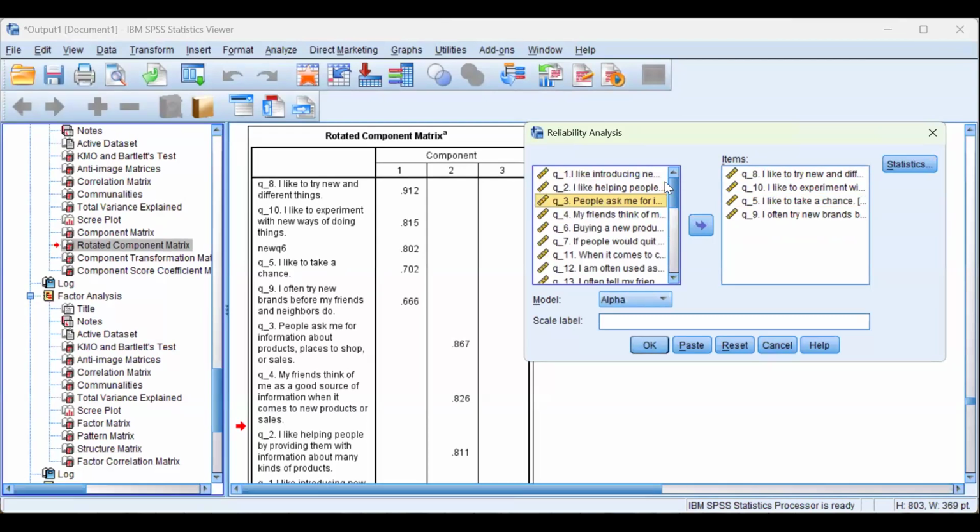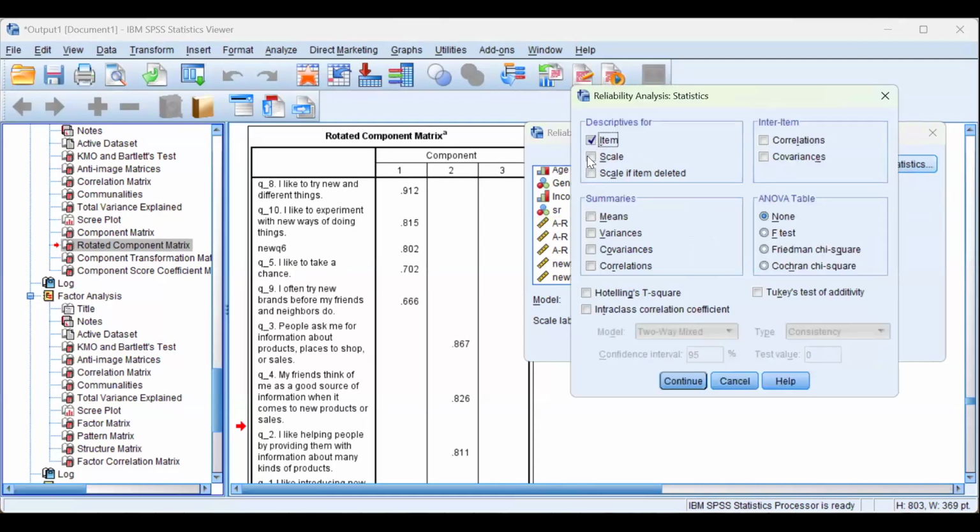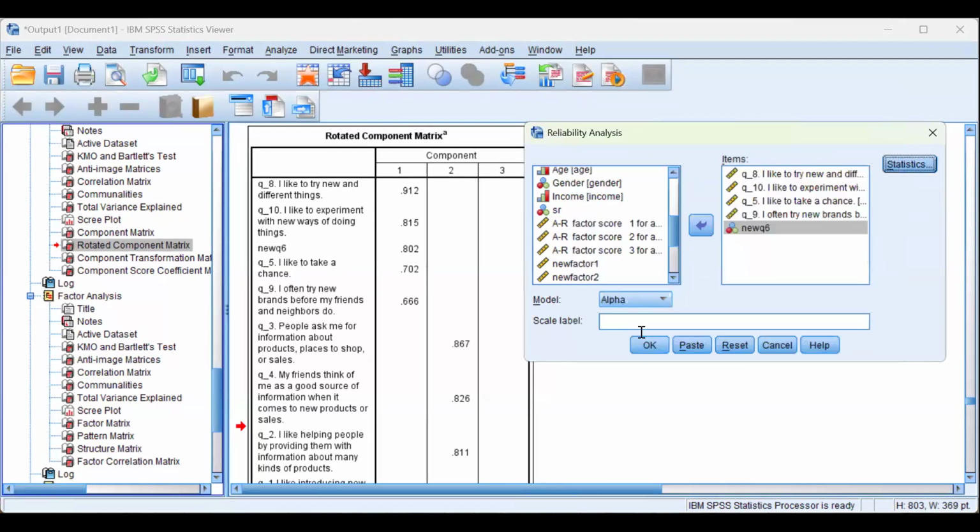One is left? 8, 10. And statistics. So item, scale, Cronbach alpha. Here it is written.